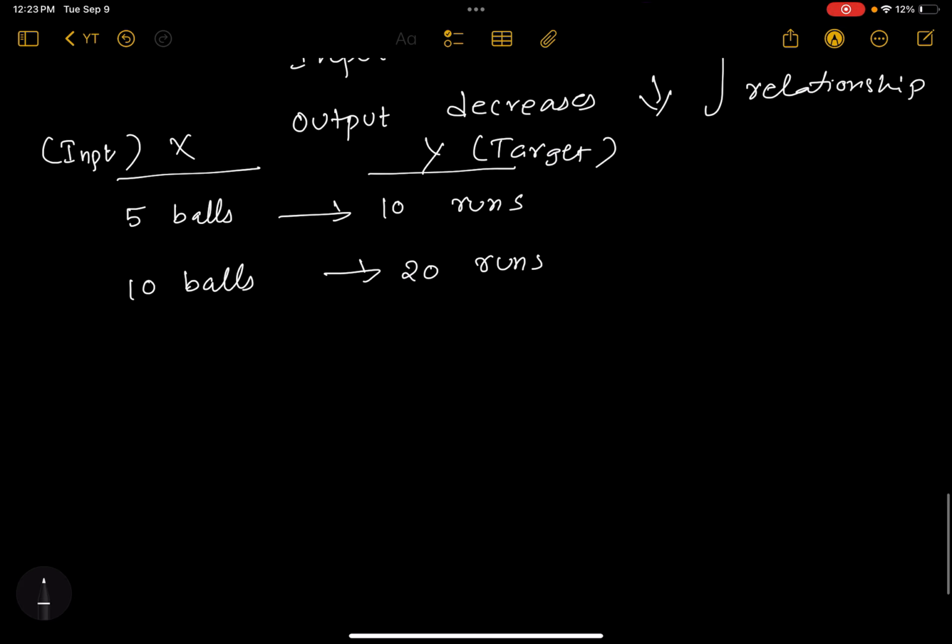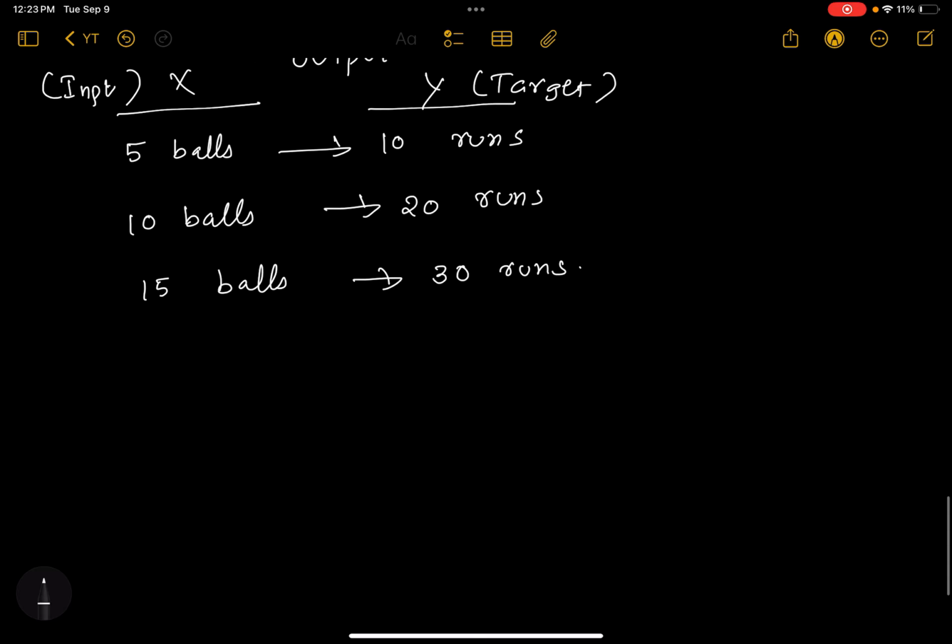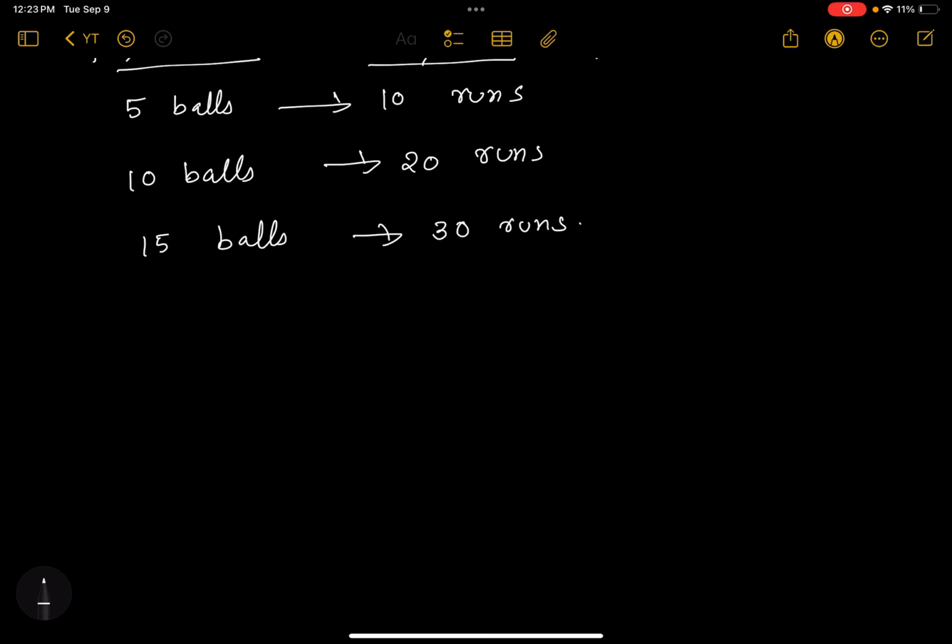And let's say I've faced 15 balls and I've scored 30 runs, maybe I'm that good, I don't know. See, the number of balls is increasing here, and the number of runs scored is also increasing linearly. See that? That's a linear relationship.